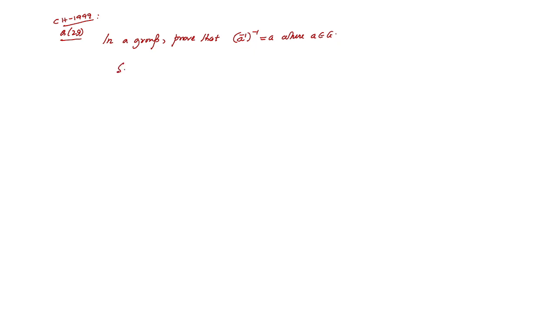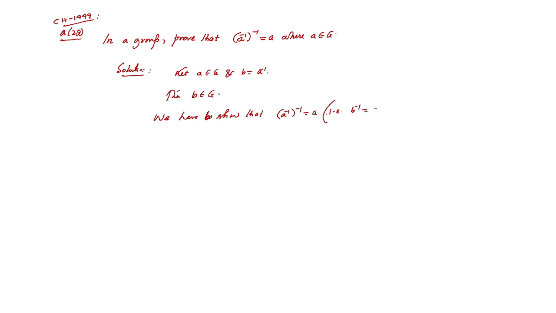Okay, so how to solve this kind of question? Let A belong to G and B equals A inverse. So then it is obvious B belongs to G. Now we have to show that A inverse whole inverse equals A, that means B inverse equals A. This is our target.